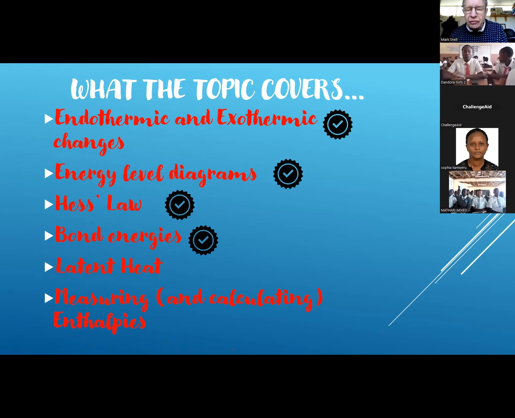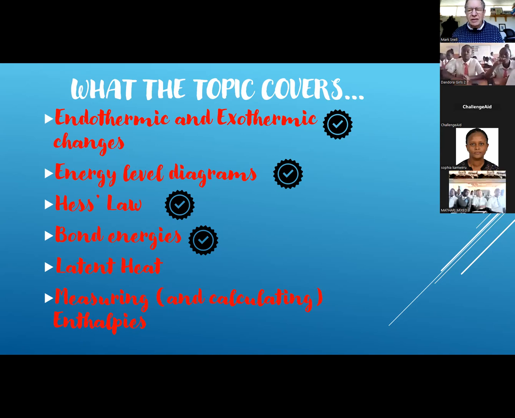Today we're going to start with two calculations, one based on Hess's law, one based on bond energies, and then we will move on to latent heat, which is about physical changes, not chemical reactions. So I will go through just to remind you of where we were last time.